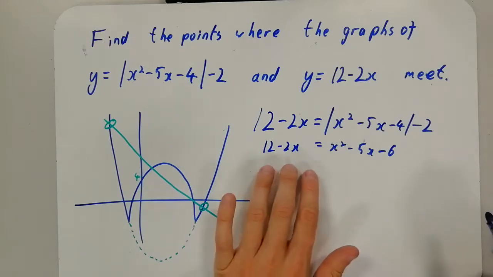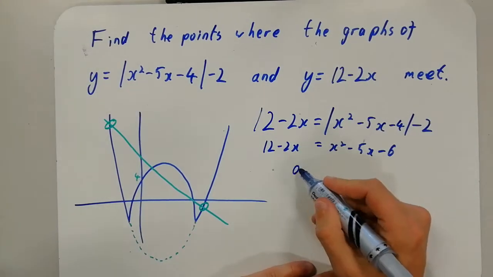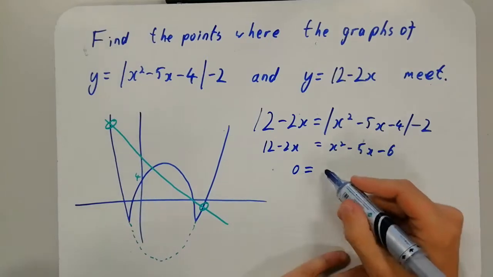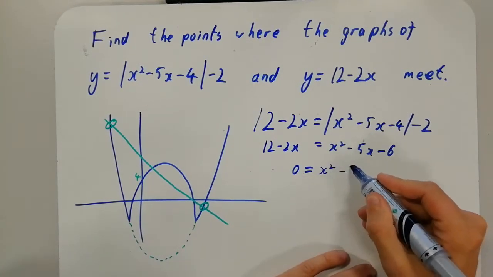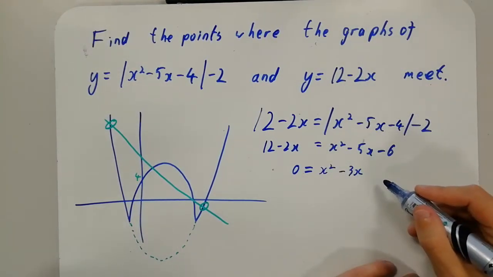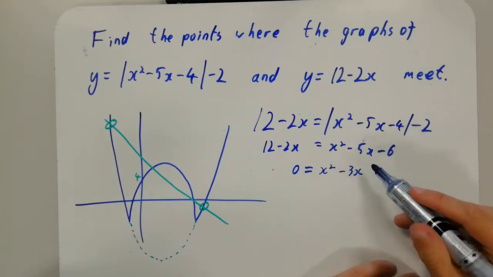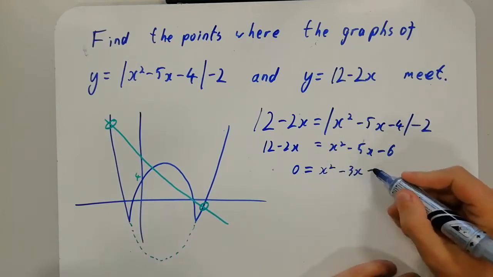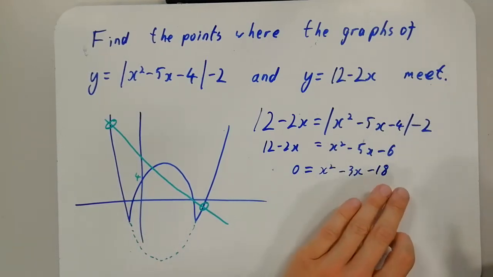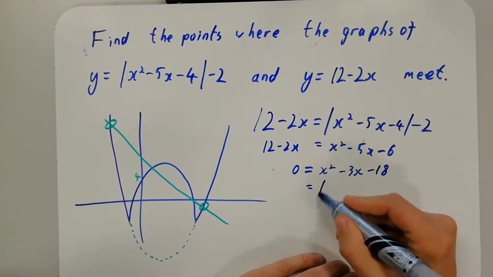I can then just solve this as a quadratic, bring all my terms onto one side. Factors of 18 which are 3 apart.